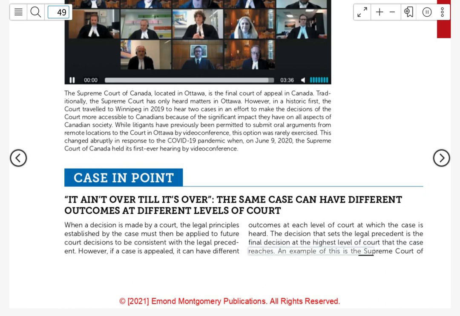An example of this is the Supreme Court of Canada, located in Ottawa, which is the final court of appeal in Canada. Traditionally, the Supreme Court has only heard matters in Ottawa. However, in a historic first, the court traveled to Winnipeg in 2019 to hear two cases in an effort to make the decisions of the court more accessible to Canadians because of the significant impact they have on all aspects of Canadian society.